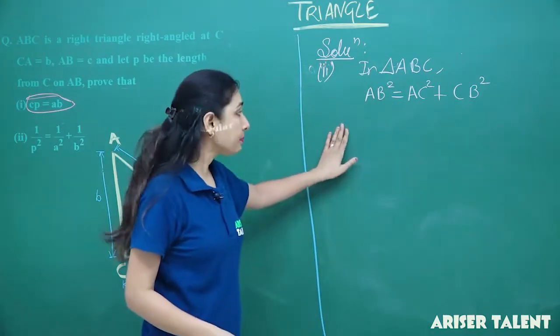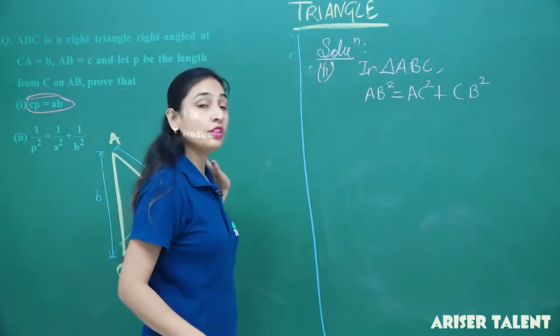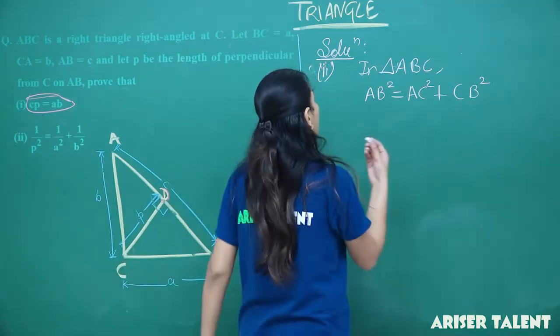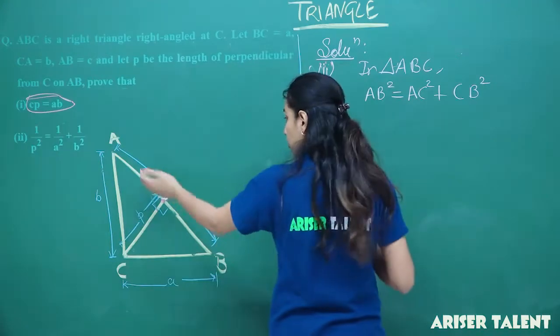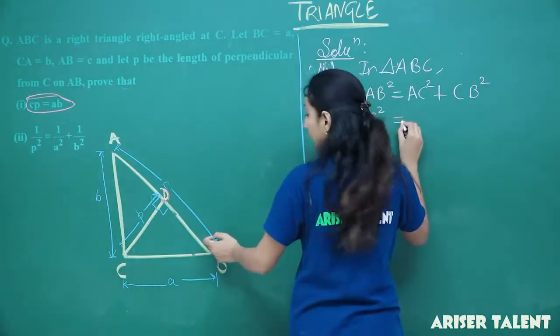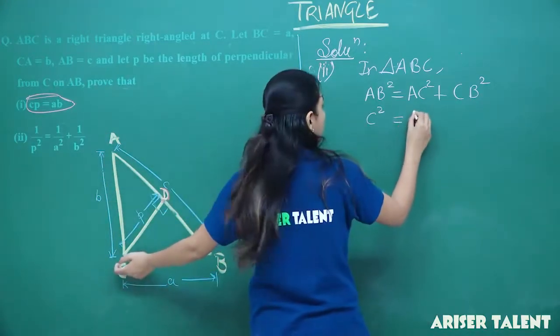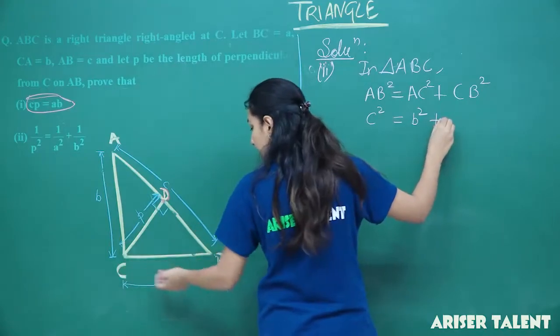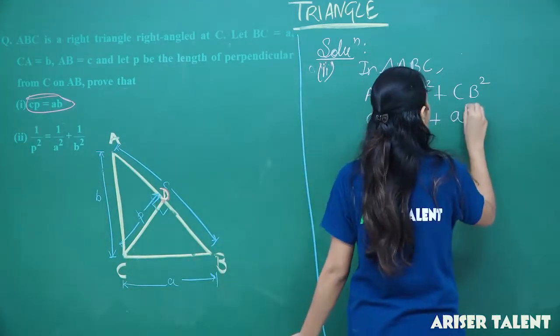We can say this applying Pythagoras theorem, because this is a right angle triangle at C. Now, AB equals C, so this is C square. That will be AC. AC is B square. Then plus CB. CB is A, so we can say A square.